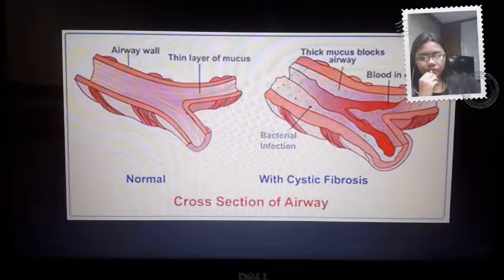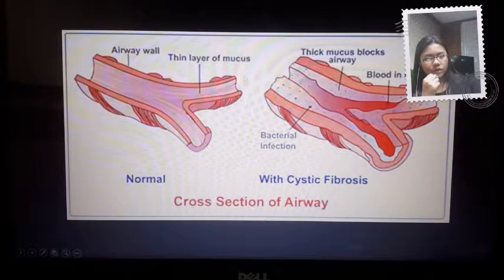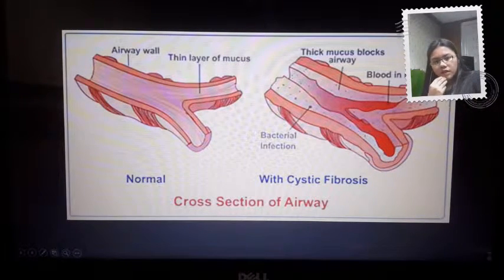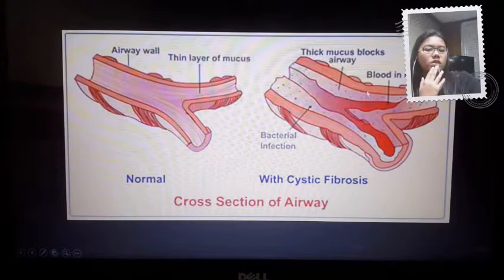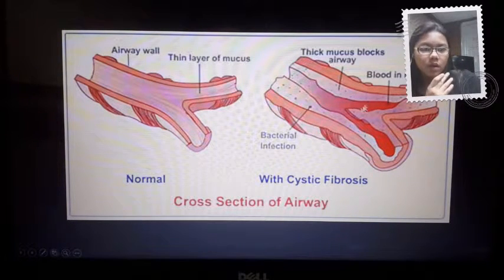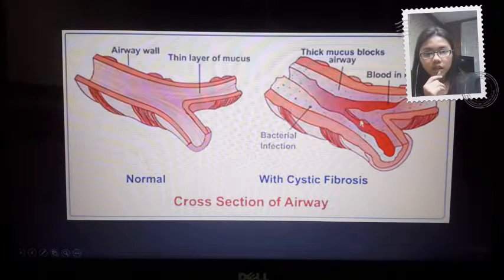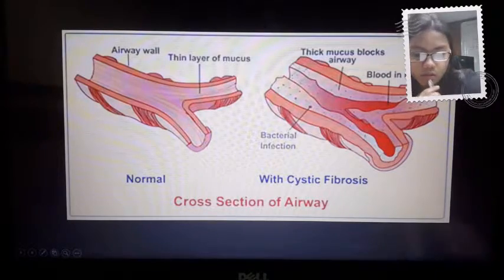So in the picture, this is the normal airway wall with a thin layer of mucus. In an affected airway, we can see bacterial infection, thick mucus that blocks the airway, and blood in the mucus.